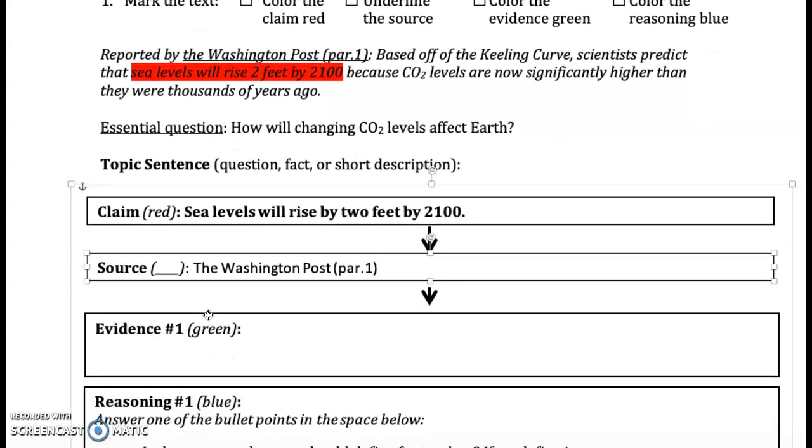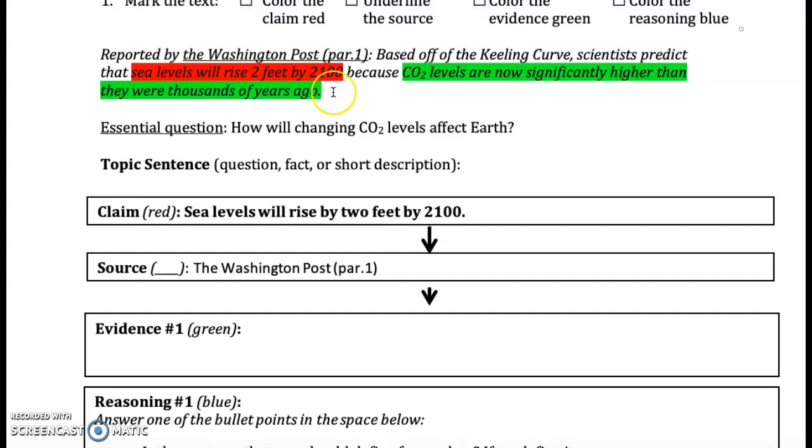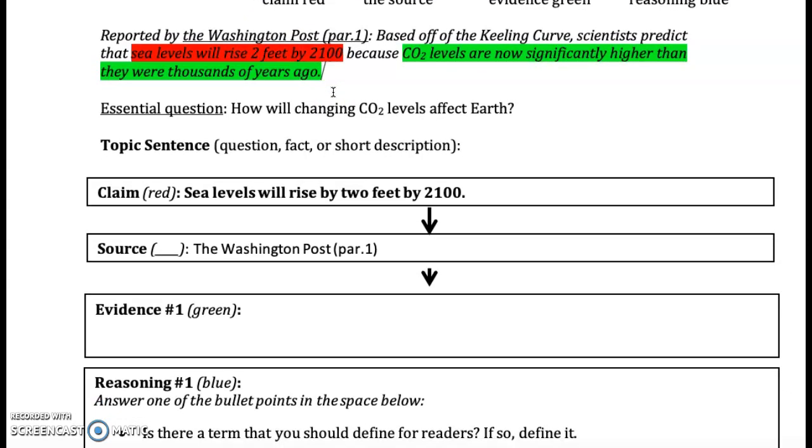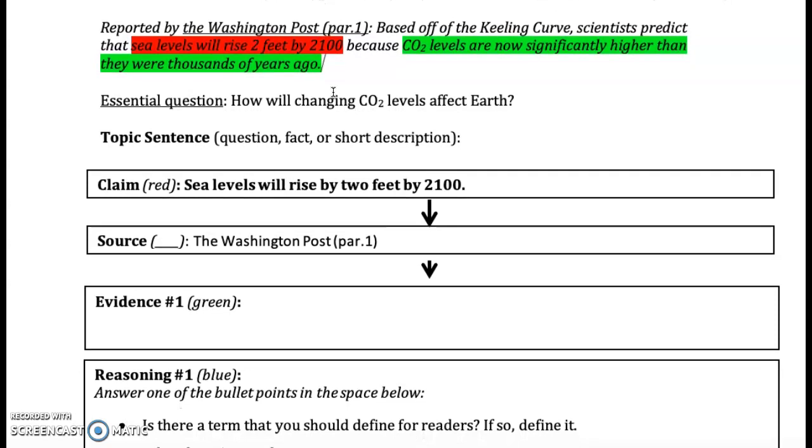Now we want to know the evidence. So what evidence do scientists have that supports the claim that sea levels will rise by 2 feet? The evidence that they give is CO2 levels are now significantly higher than they were thousands of years ago. So I'm going to go ahead and color that green. That's our piece of evidence, right? That CO2 levels are significantly higher than they were thousands of years ago, and that supports the claim that sea levels will rise by 2 feet by 2100.